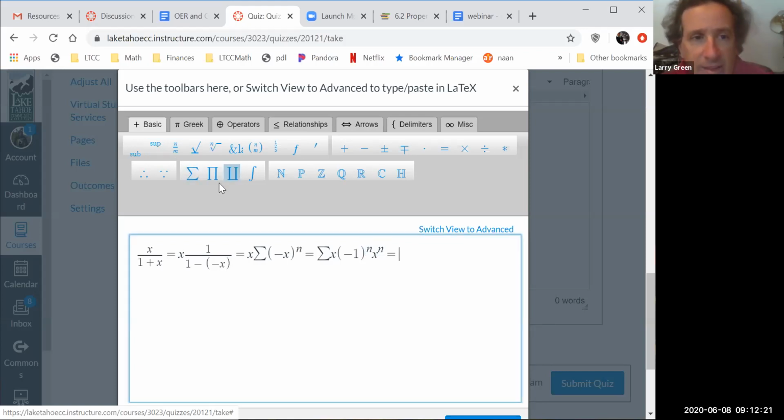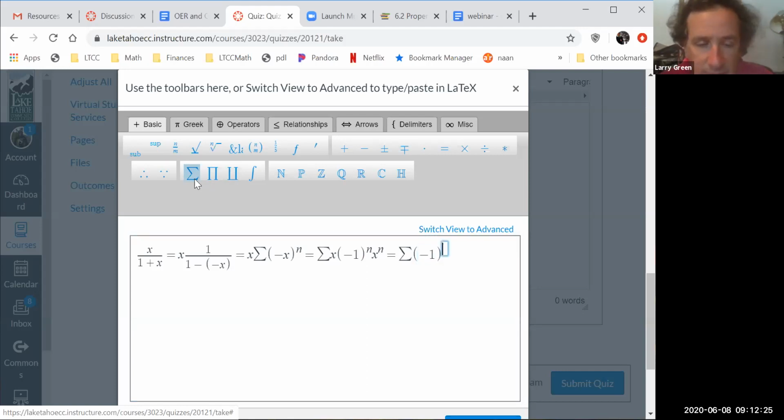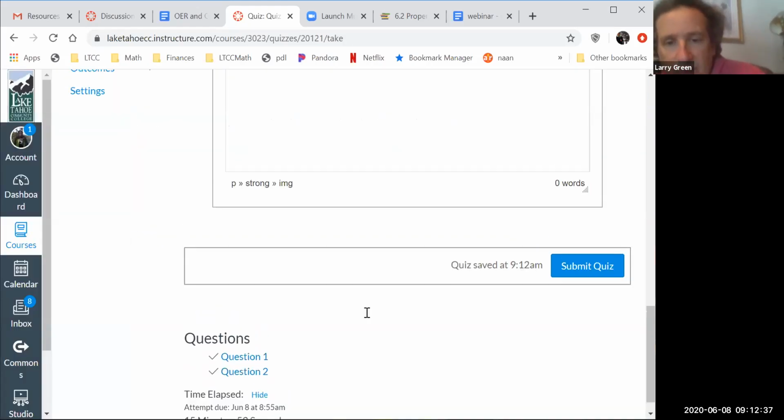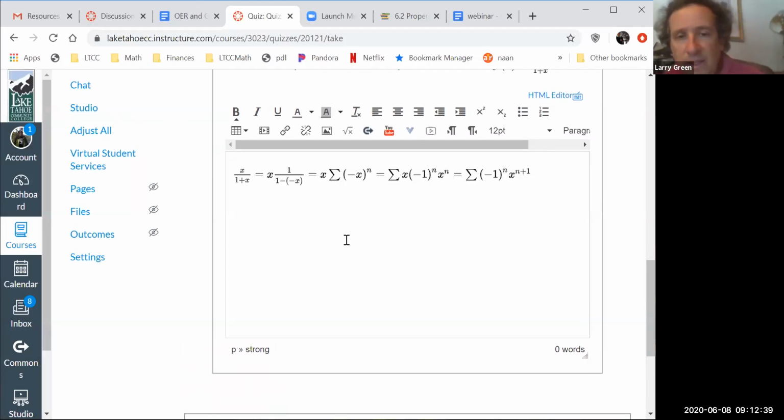But that is equal to the summation of negative 1 to the nth times x to the n plus 1. And now we have it looking like a power series. Okay, any questions on that? And that goes from 0 to infinity. If you want me to put them in, I can, but if it doesn't say, it always goes from 0 to infinity because that's standard.